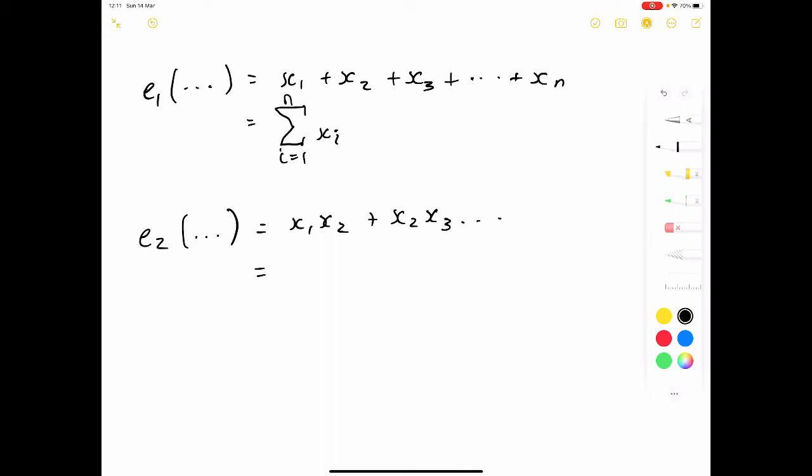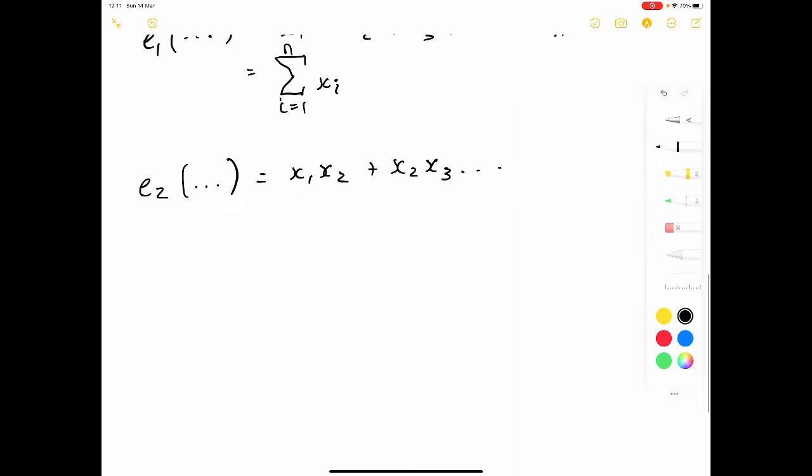Then we have E3, which is the sum of all tripled roots, and so on after that.